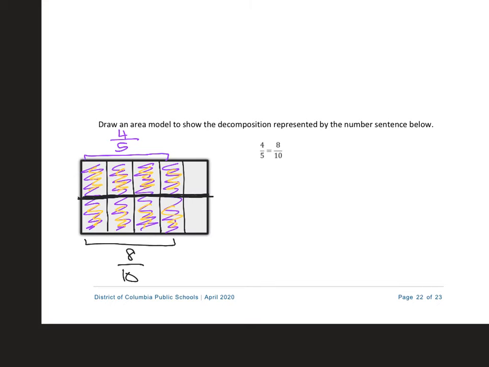So we can write that as unit fractions, right? We could say 4/5 is equal to 1/10 plus 1/10 plus 1/10 plus 1/10. That's 4.